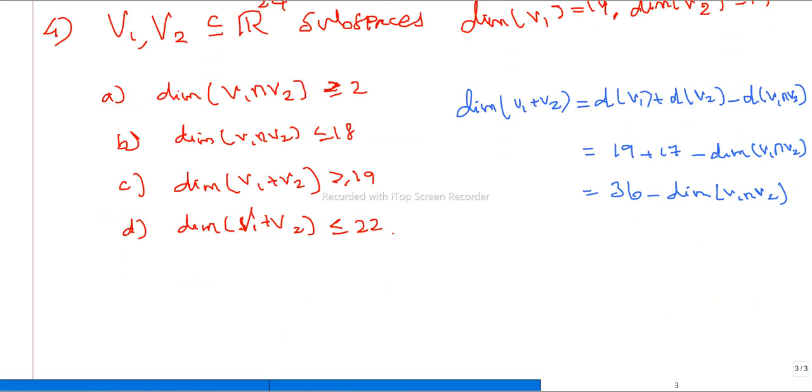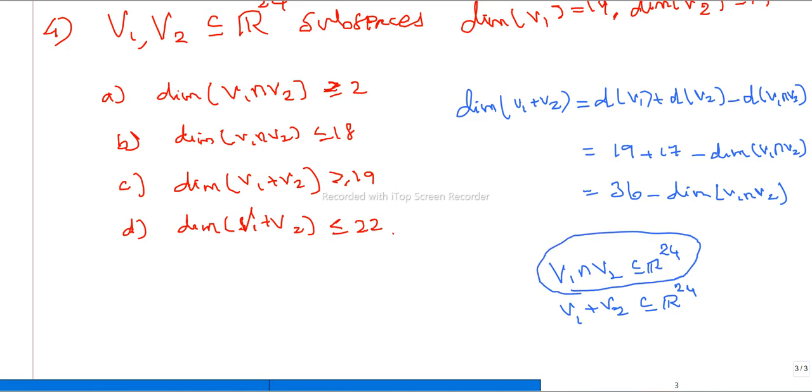And we know that V1 intersection V2 is a subspace of R24. The intersection of two subspaces is also a subspace, and the sum is also a subspace of R24. Since this is a subspace of R24, the dimension of V1 intersection V2 is less than or equal to 24. Maximum is 24.